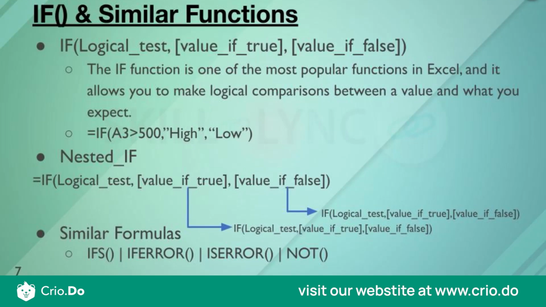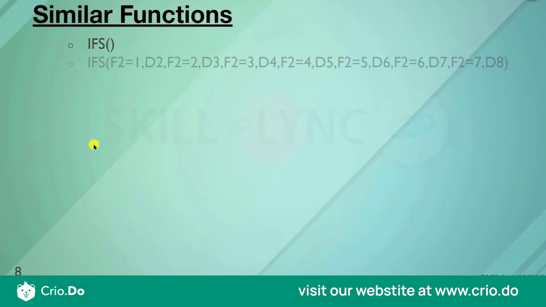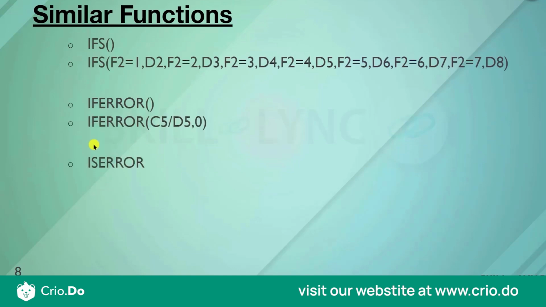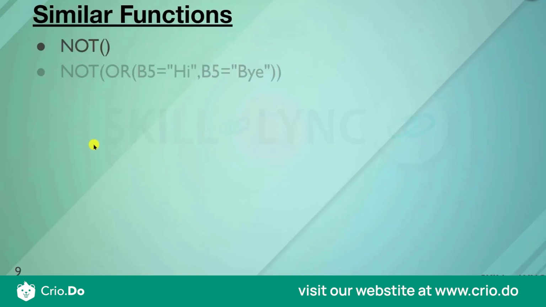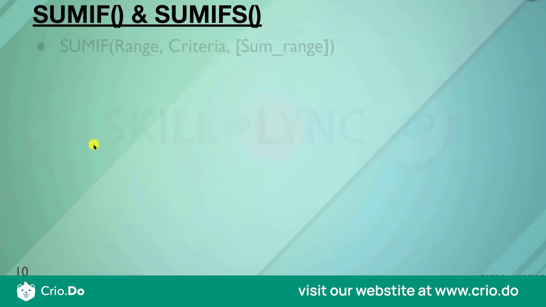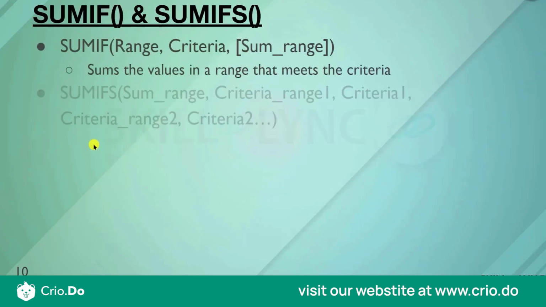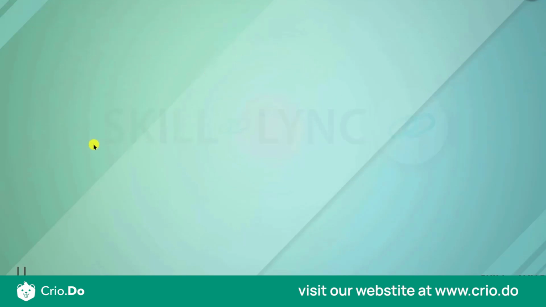Nested IF we tried, where we use multiple IF functions. Similar formulas we tried: IFS, IFERROR, ISERROR, and NOT. After covering the IFS, IFERROR, and ISERROR functions, we checked for errors, and we covered the NOT function and the SUMIF and SUMIFS functions. We can combine these functions as well.